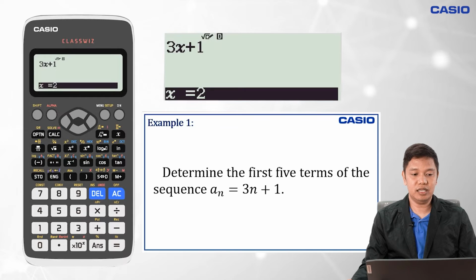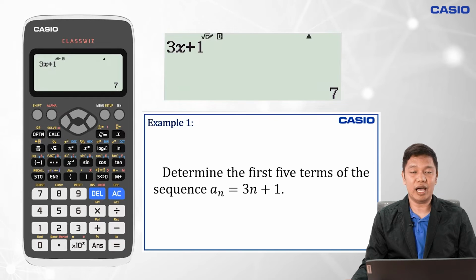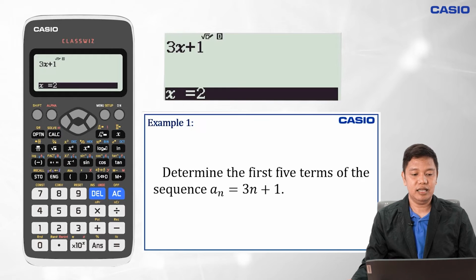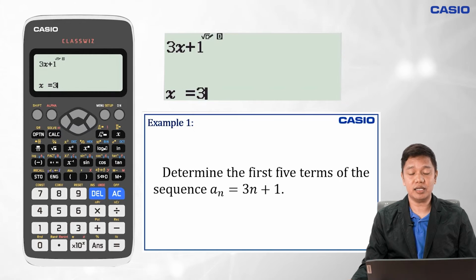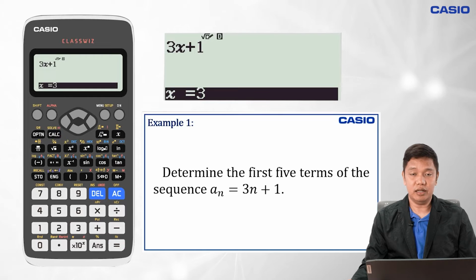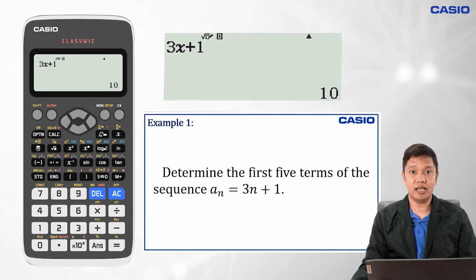Press 2 and then equals, we have 7 as the second term. To calculate the third term, again we press calculate, and then 3 as the value of x, and then equals, and another equals, we have 10 as the third term. Repeating the process, we will have the fourth term as 14 and the fifth term as 17.